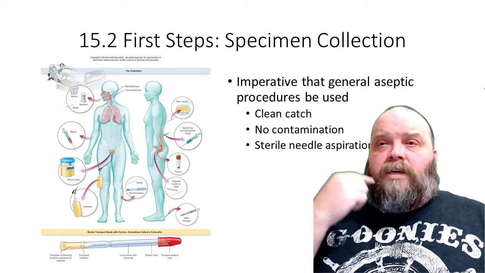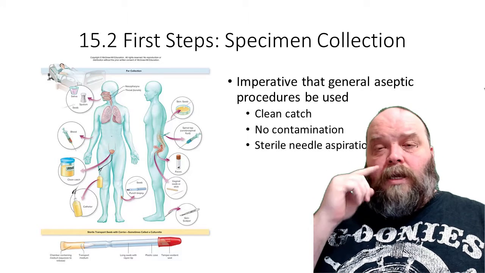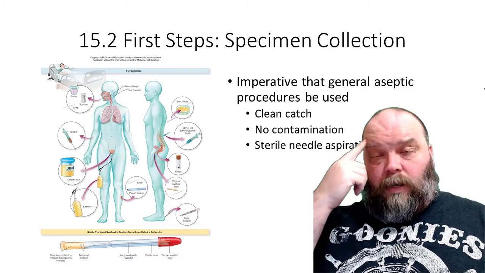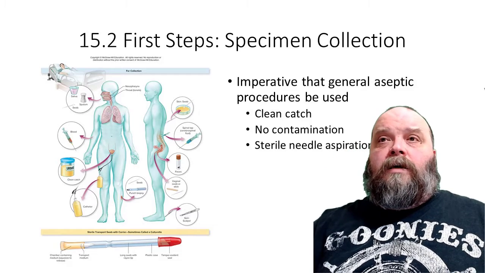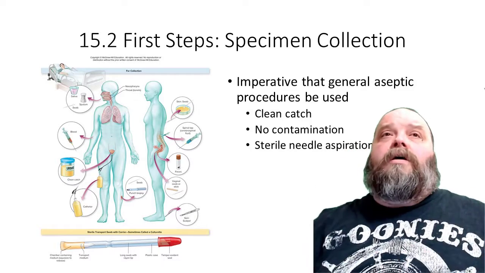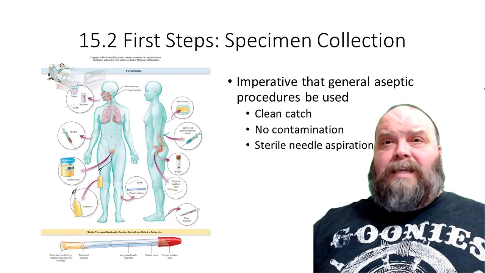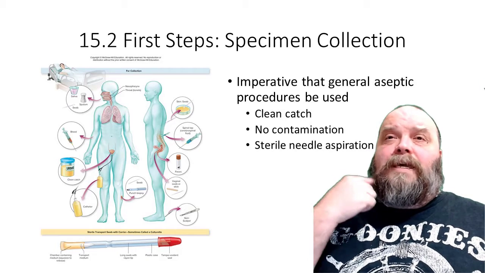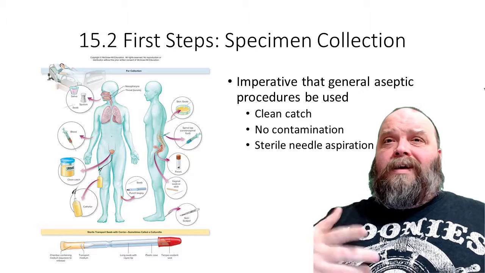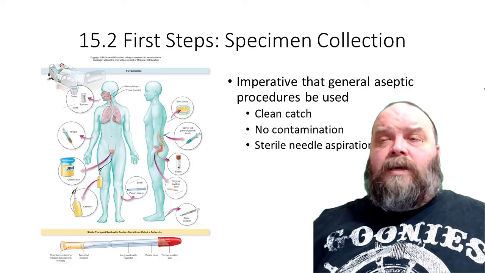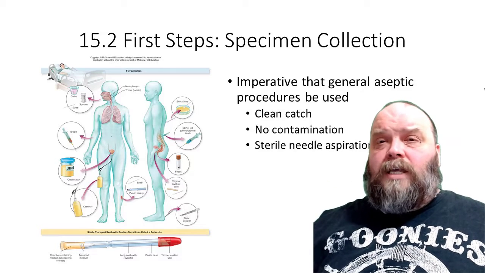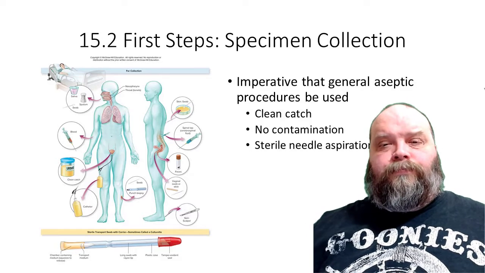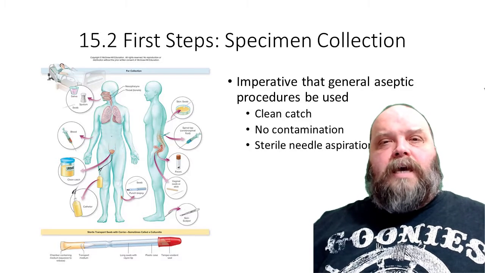So if they touch the tongue, the mouth, the nares as they're going up to swab the sinuses, they're going to coat the Q-tip, the swab, in microbes. By the time they get the swab to where they need it to go, it's already covered in bacteria and has a minimal chance of collecting more. So you've got to be careful of contamination.